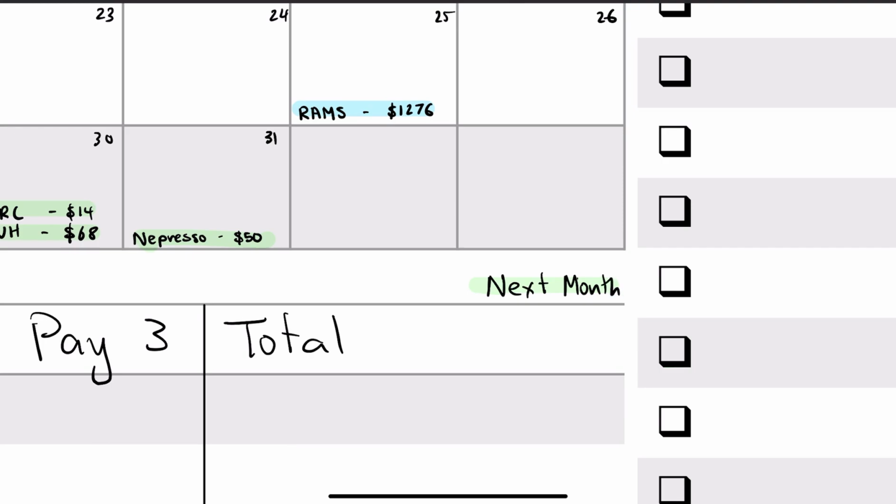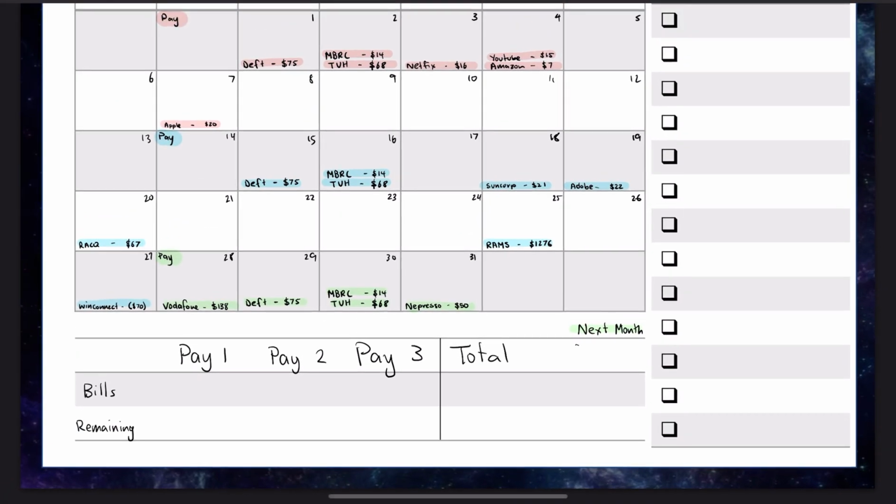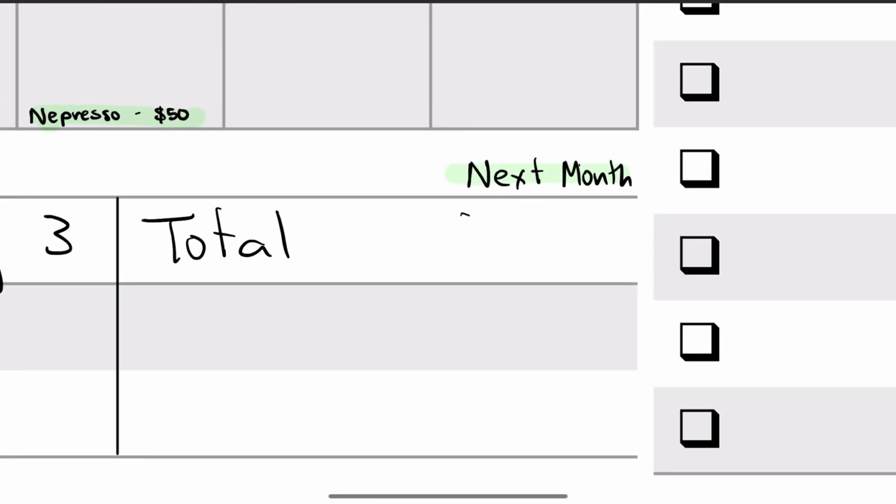All right, so the first payday, I'll just take a quick look on the calendar. The first payday in January is on the 11th, so it's going to be everything between now and the 11th.